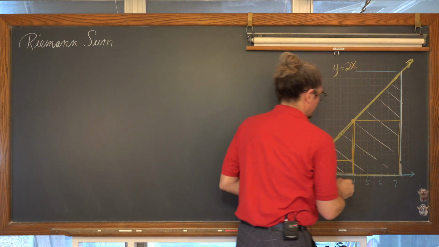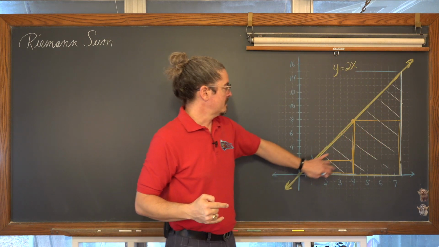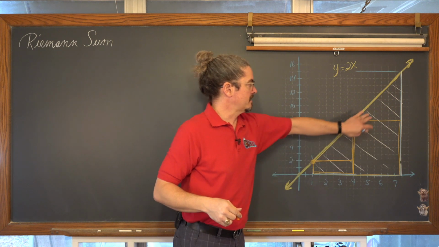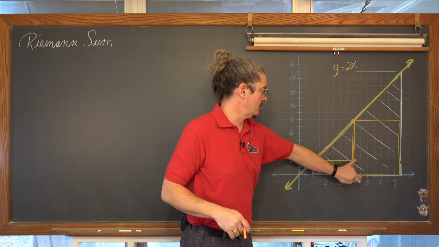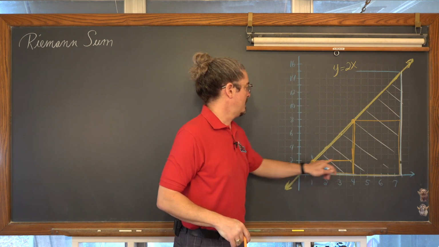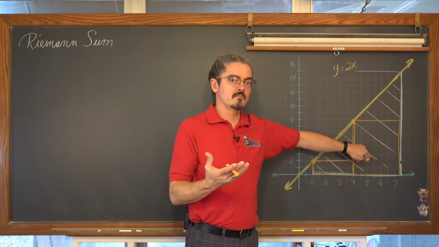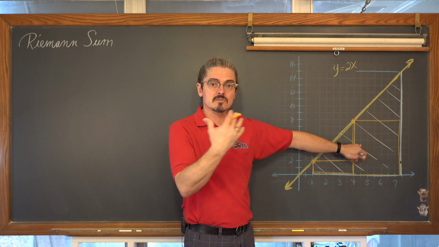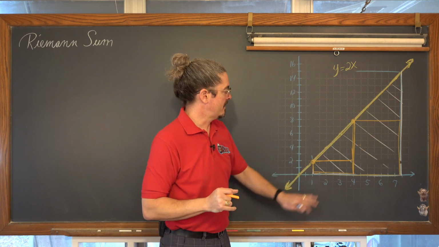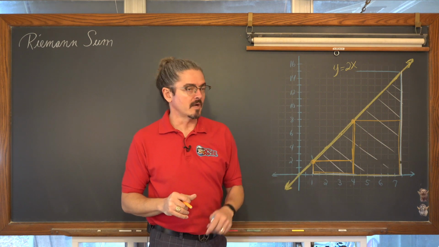And now we have two rectangles that, at least drawn, are estimating the area under the curve. And look at all this extra area we picked up. All that area between 4 and 7 and 2 and 8 has been picked up now. So what is that? 3 times 6, so 18 additional square units of area have been picked up by this left Riemann sum.